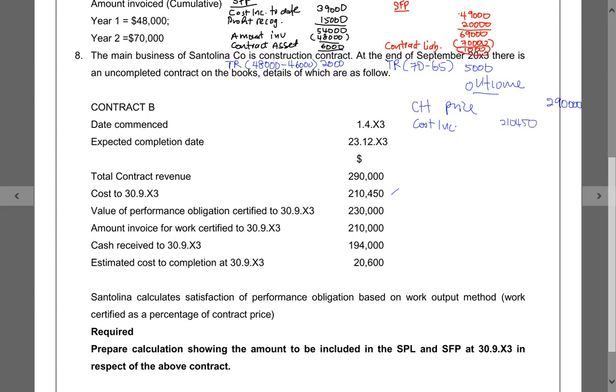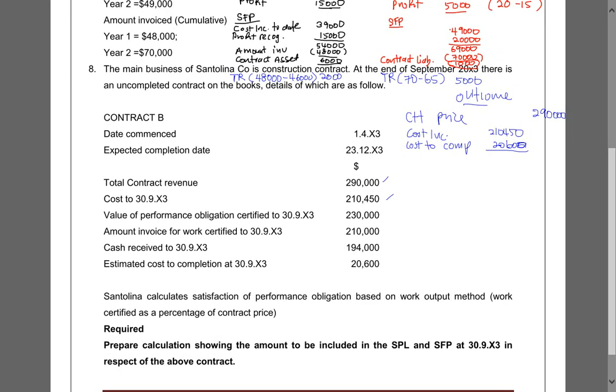Plus estimated cost to completion, 26. Total cost 231050. 58950 is the estimated profit.